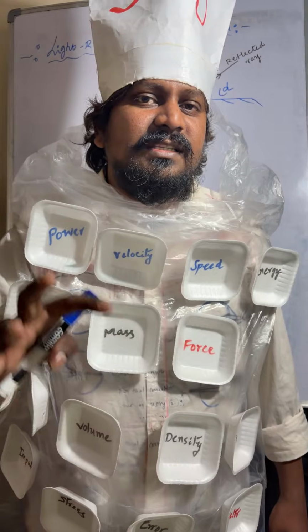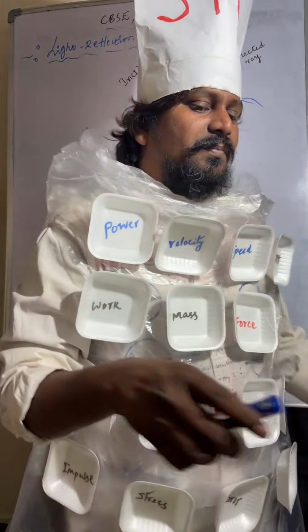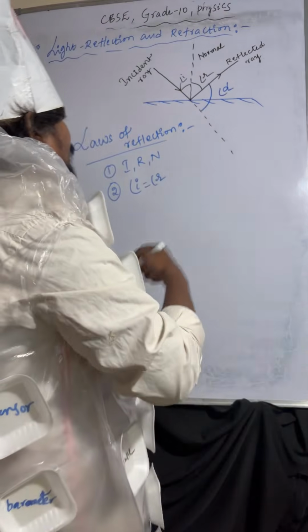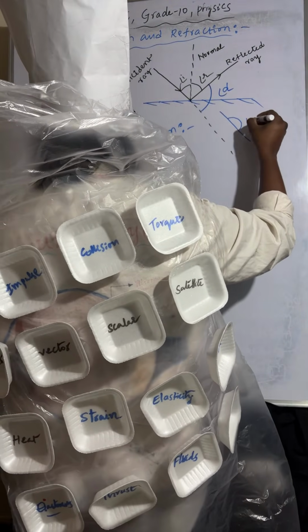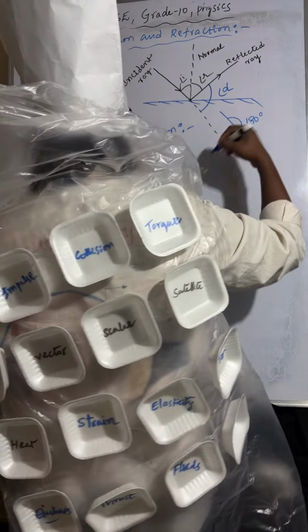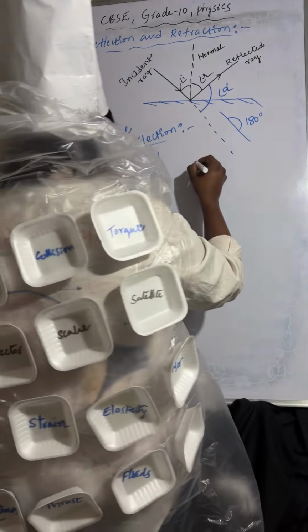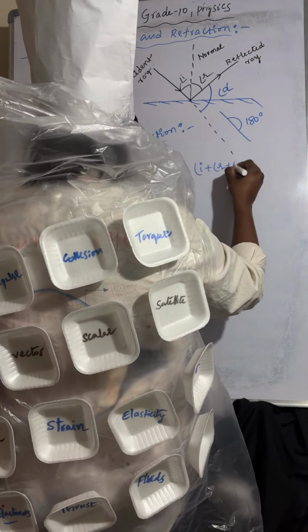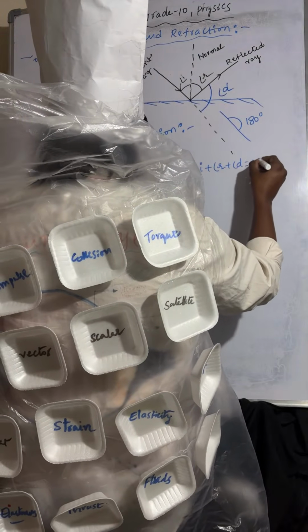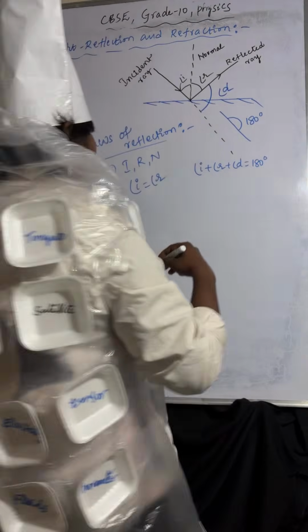Coming to the deviation, this angle is 180 degrees. That is, angle of incidence plus angle of reflection plus angle of deviation equals 180 degrees.